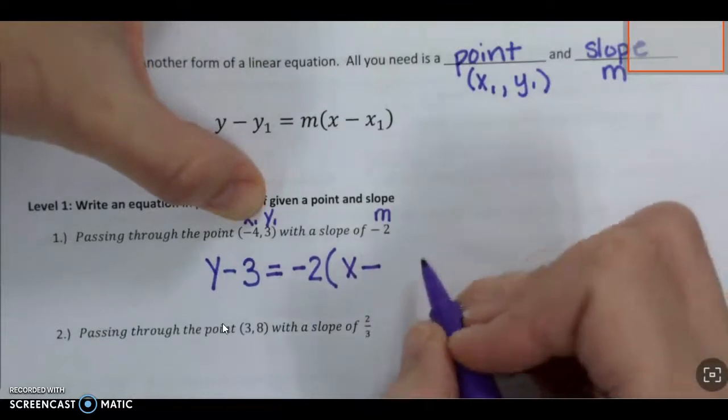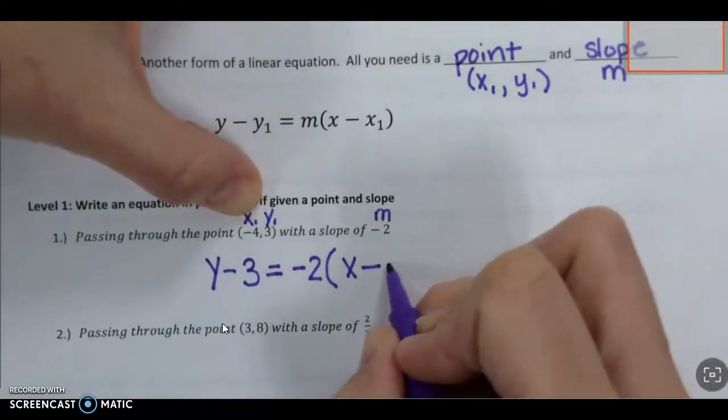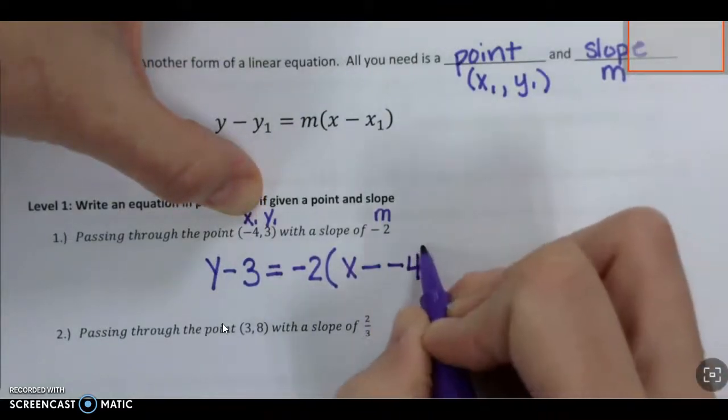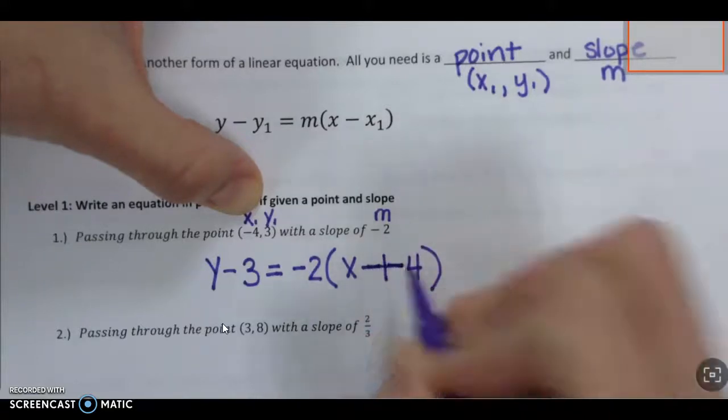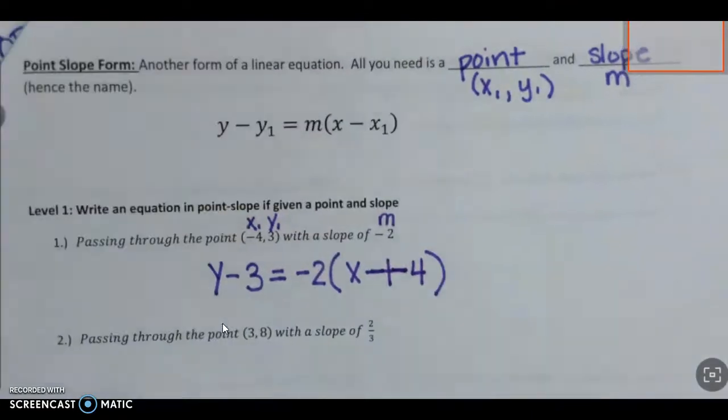Because this is a negative, if I go minus a -4, that ends up changing to a plus. And that's it. That's my answer. I have written the equation in point slope form, and I don't have to do any simplifying or any solving.